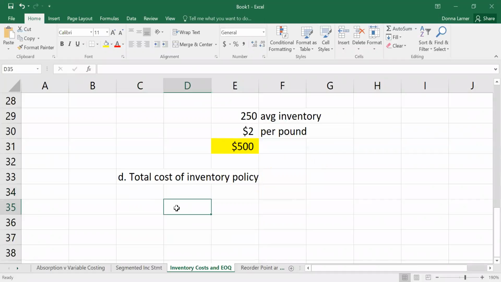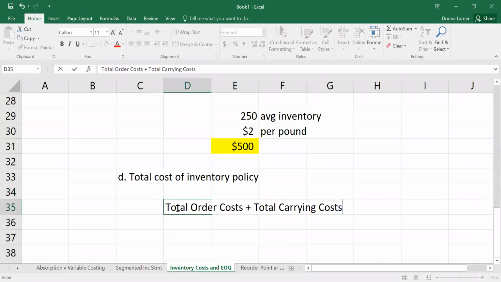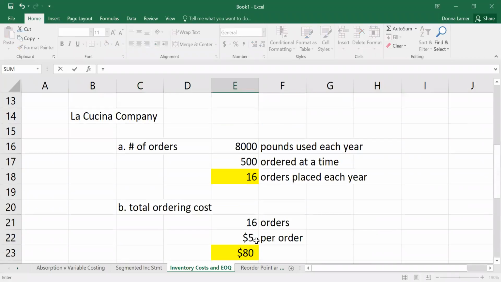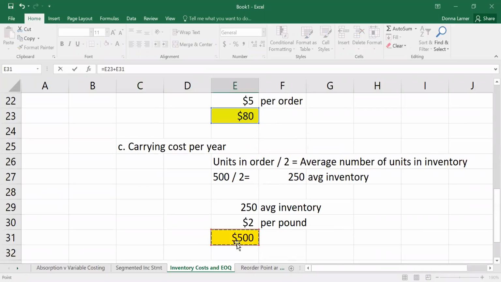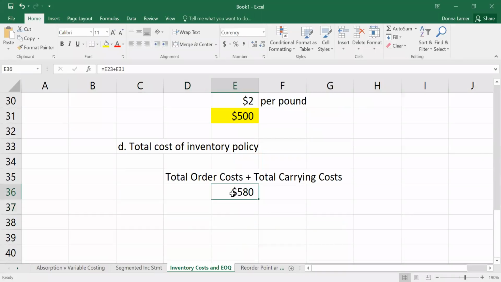Total cost of inventory is going to be just the total order costs plus the total carrying costs. We figured those out in B and in C. So our total is 580. Those are coming up with the inventory costs.